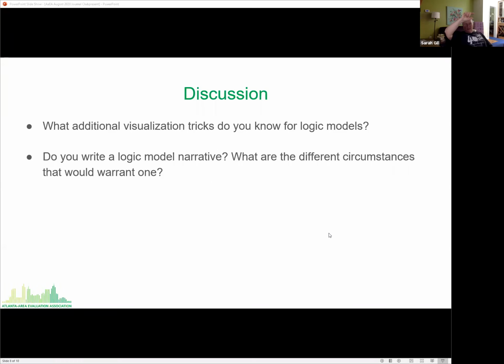When you can see clear paths, groupings of activities through outcomes, that's when I usually am more inclined to use color to demonstrate some other piece of how you're moving through the theory of change. So it was interesting to me to see that such a blunt use of color made a difference. But to Michelle's question, is there something that the theory of change tells you would be useful? Yeah, that's a great idea, Sarah.